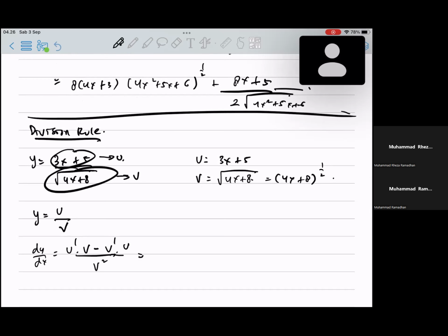So dy over dx: u prime is 3, multiplied by 4x plus 8, minus v prime, which is half (4x plus 8) to the power of minus half, times u, which is 3x plus 5, over v squared.